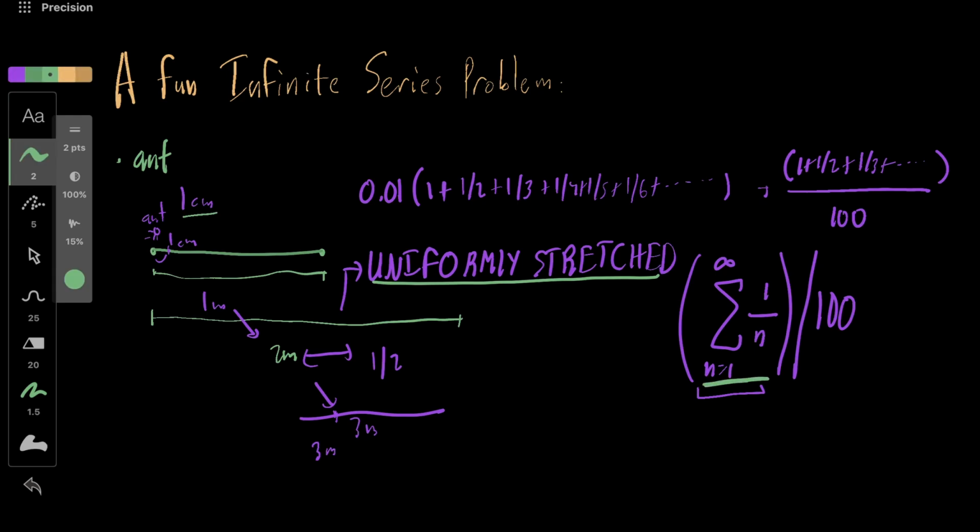And yes, it does diverge very achingly slowly. It will probably take the ant a very, very long time to travel the infinite distance, really infinite time. But all that matters is, since this harmonic series diverges, at a certain point, it will be at 100 at some time t. And at that point, we will have crossed the whole distance.